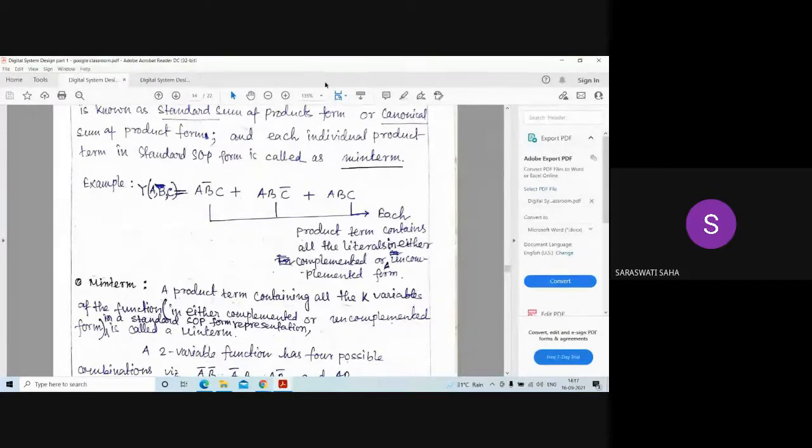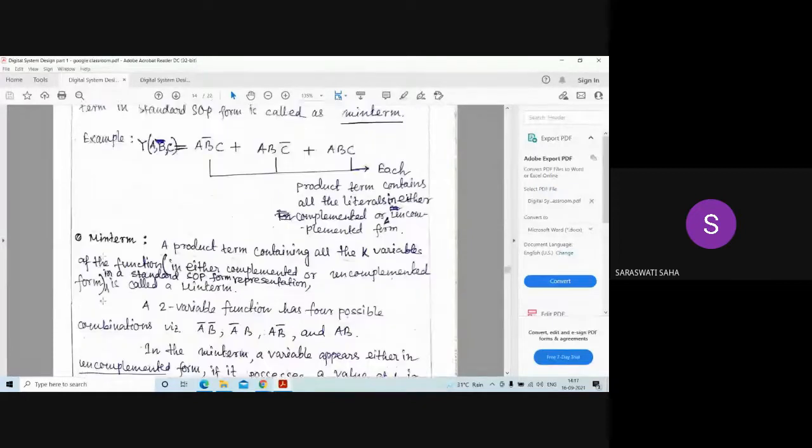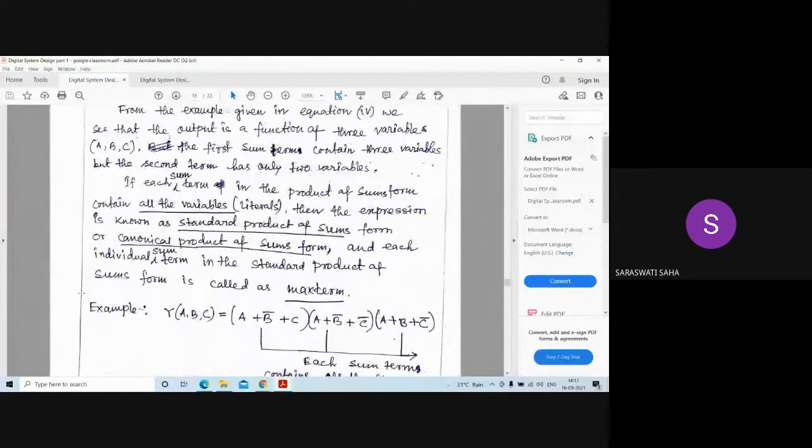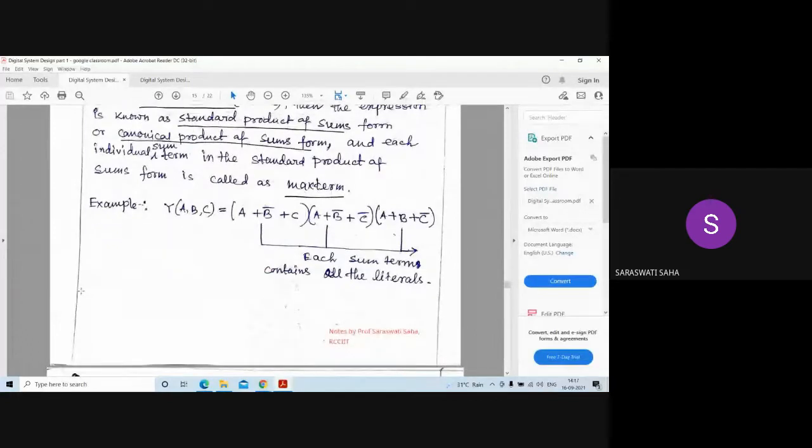Okay. Then another condition, you see here. In which type of representation is it? It is a product of sum term, because here one dot is there. So the individual term is a sum term because they are in OR operation.